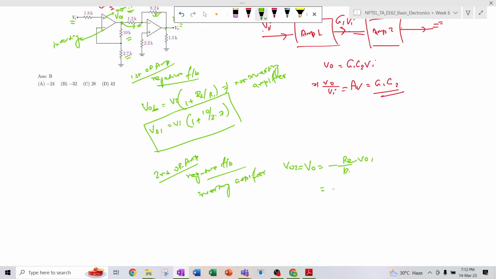So it will be minus 8.2 divided by 1.2 times Vo1. Now if we put this Vo1 over here, what do we get? Minus 8.2 divided by 1.2, times 1 plus 10 divided by 2.7, right?